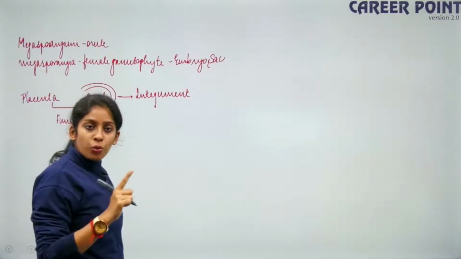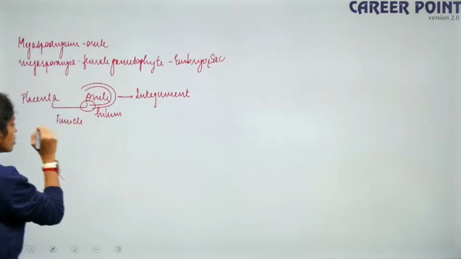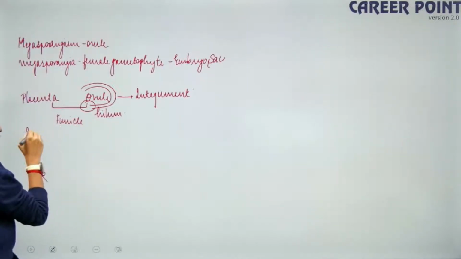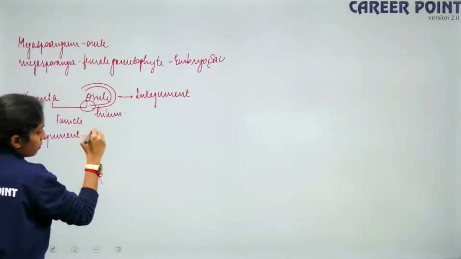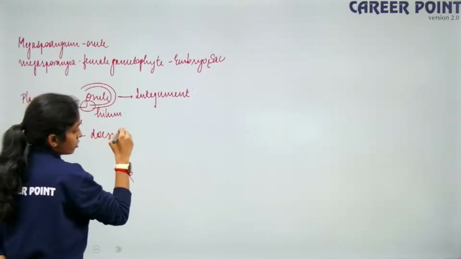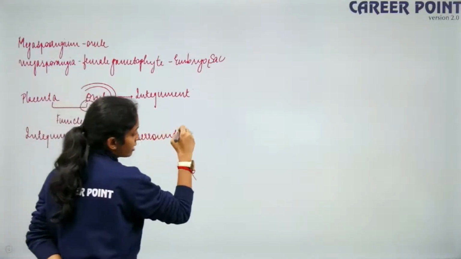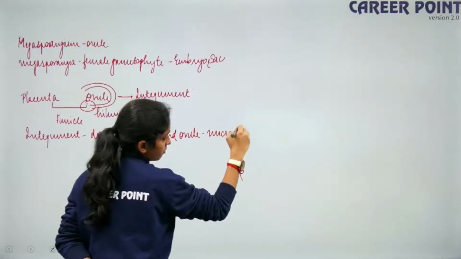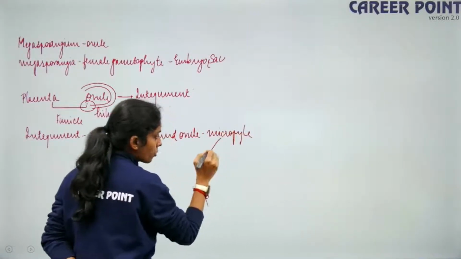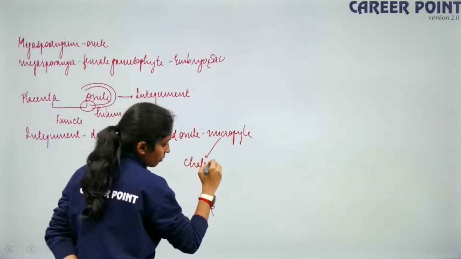Integument surrounds the ovule at all the points except at one point. The place where the integument does not surround the ovule, that opening is called the micropyle opening. Exactly opposite to the micropyle opening, you have your chalazal pole.